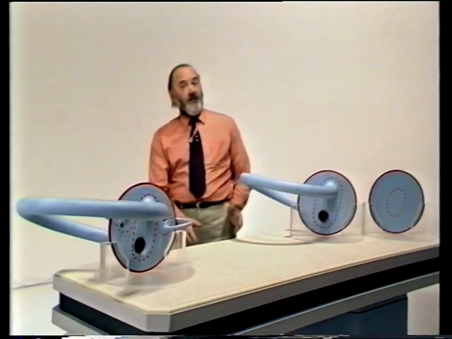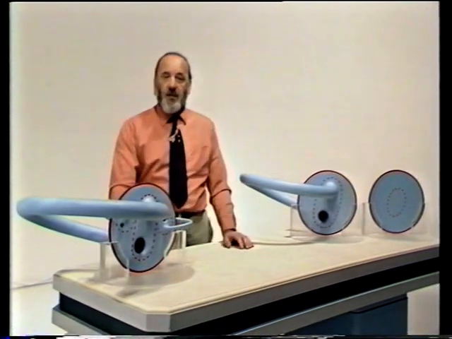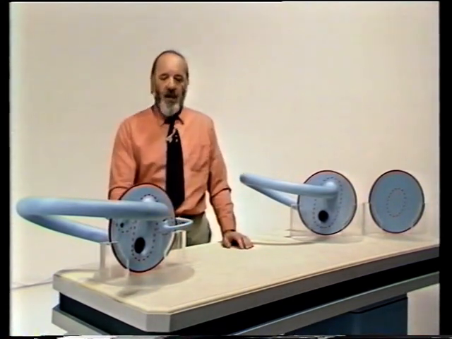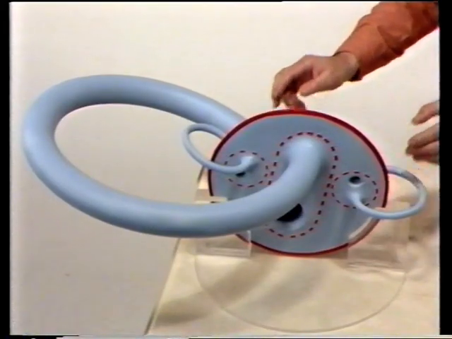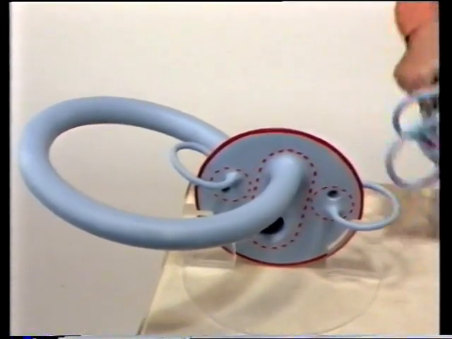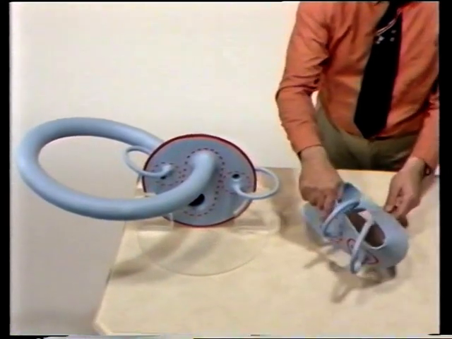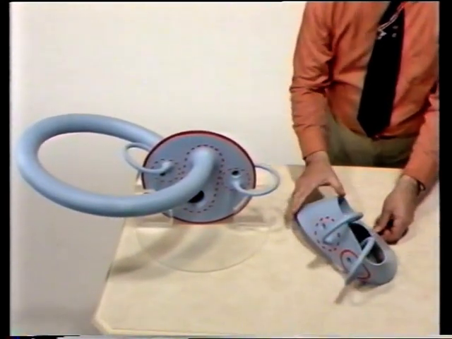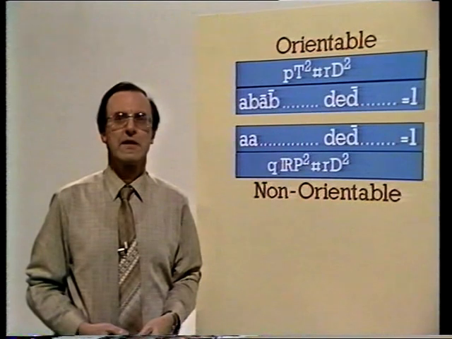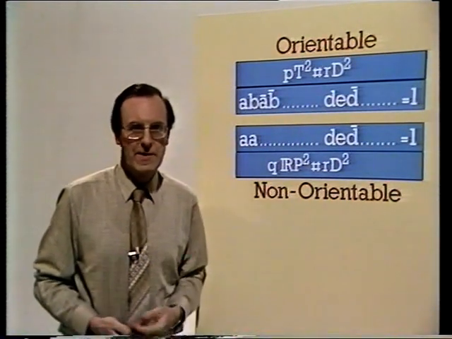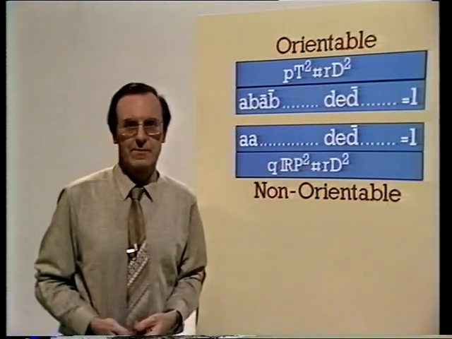And that does it. The non-orientable surfaces with a boundary are of two types, either a disk with Klein bottles or a Möbius band with Klein bottles. So you've finally seen what every embeddable surface actually looks like.